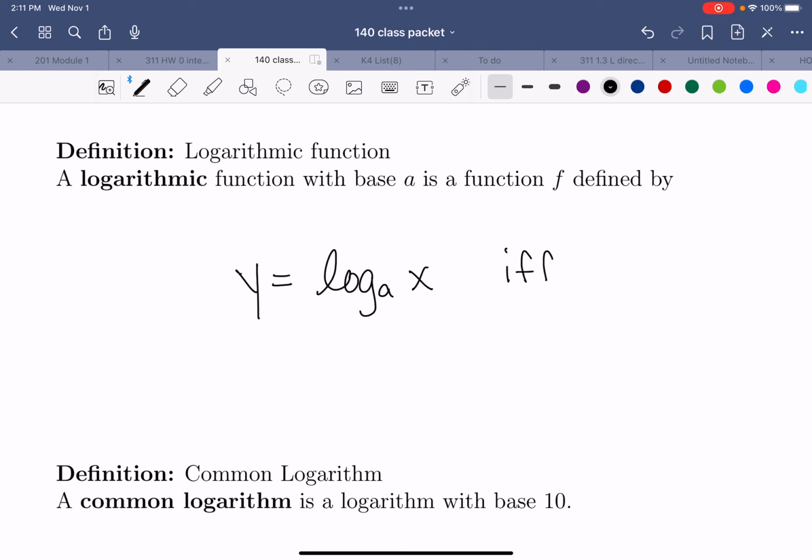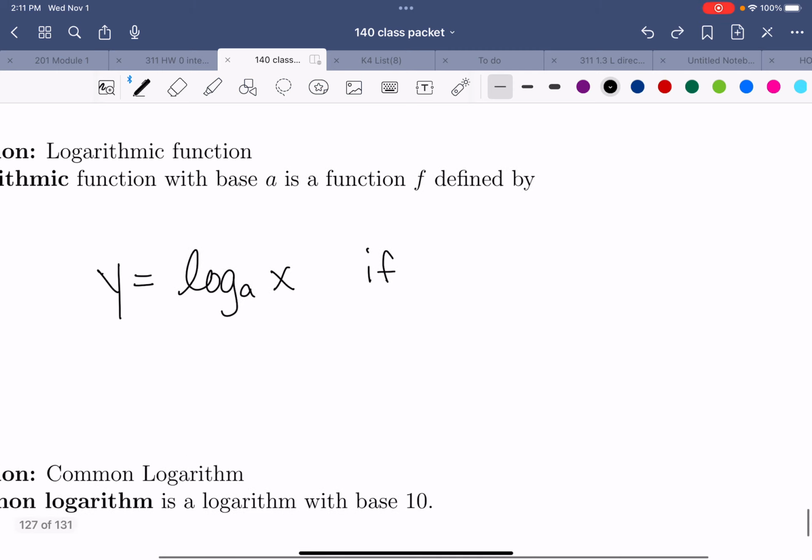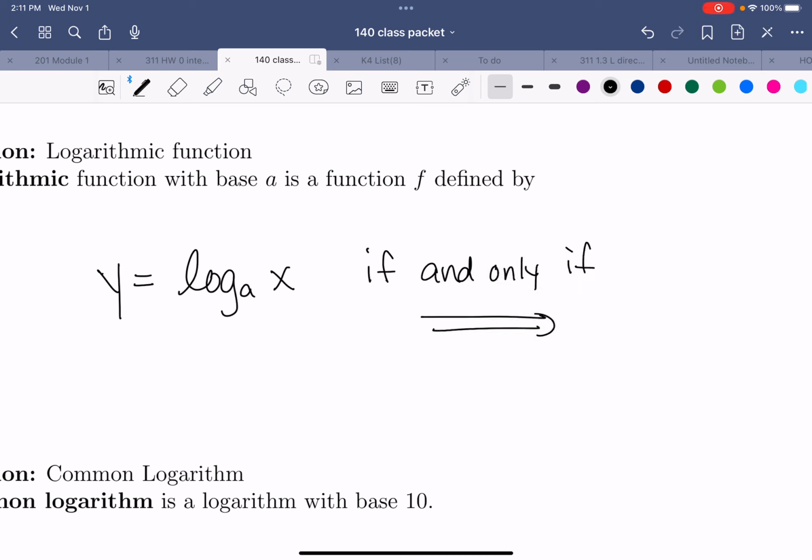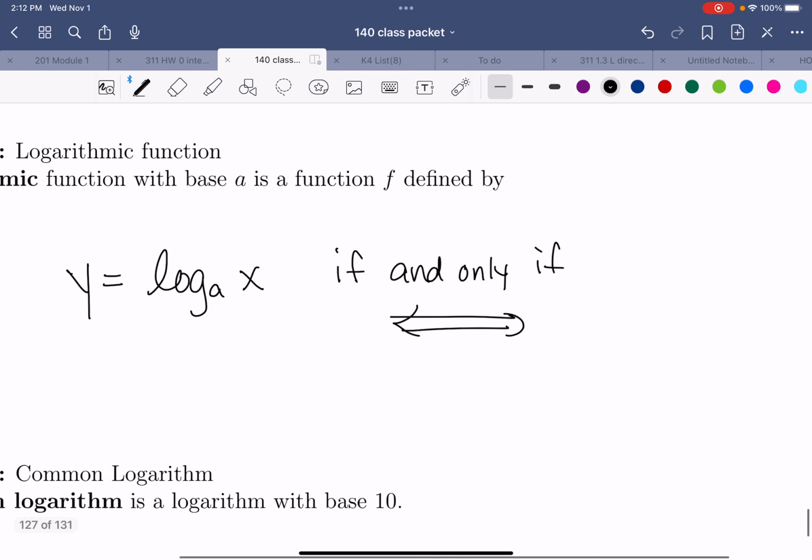And if and only if just means that the relationship goes both ways, like an arrow, like a two-way street. So if y equals the log base a of x, then that implies that x equals a, because that's our base, to the y. Okay, so it kind of swaps the positions.